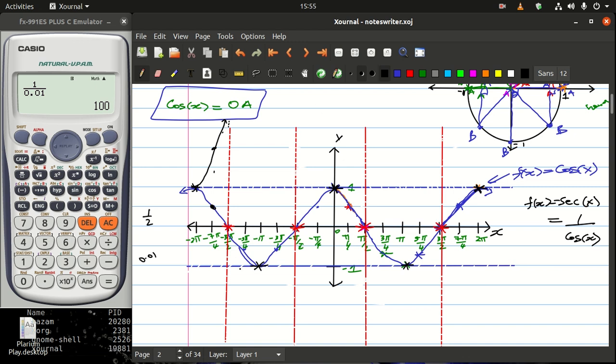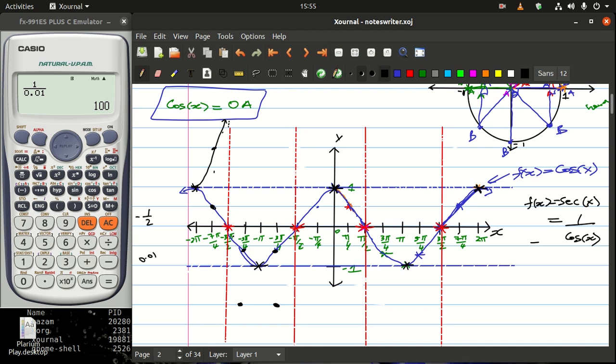Now, if I pick a point somewhere here, which is below 0 but above minus 1, that value is going to be minus 1 over 2. If I plug in minus 1 over 2, I get 1 divided by minus 1 over 2, which is minus 2. So minus 2 is somewhere there, right? If I pick the same point on the other side, these points have the same output, so I will get a point somewhere there.